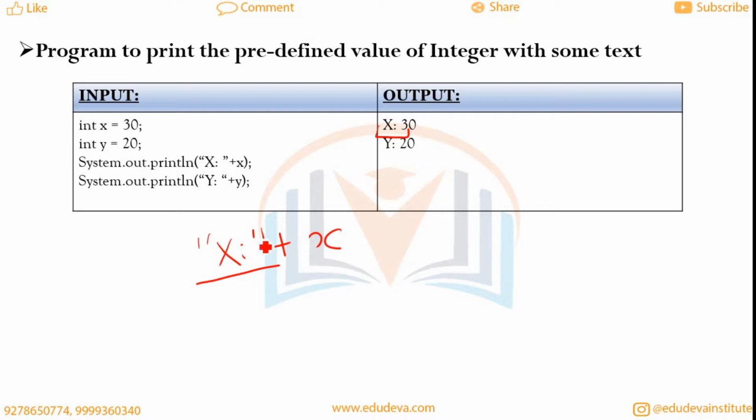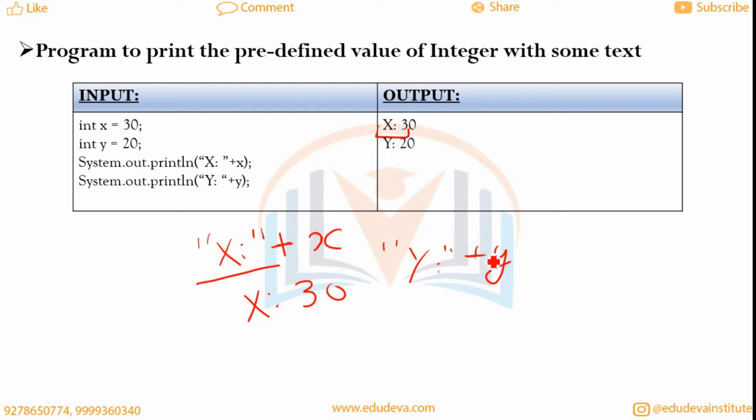After that, to join two types of outputs we are using plus, and as we have written x without the inverted commas, it will just take the value of x, which is 30, and print it as x colon 30.